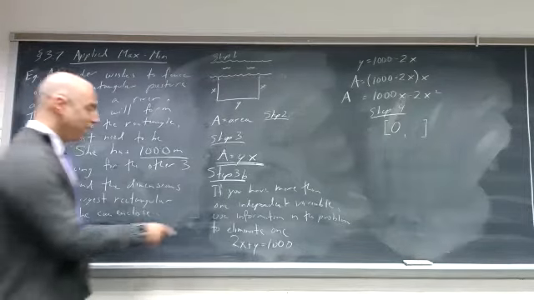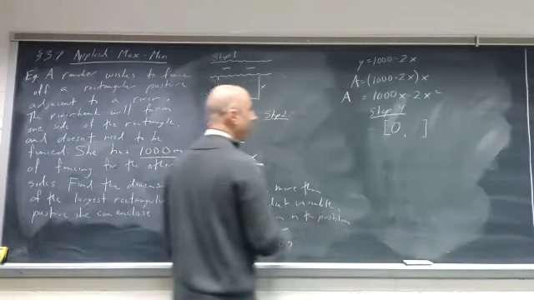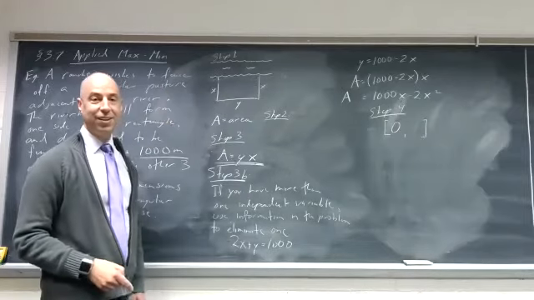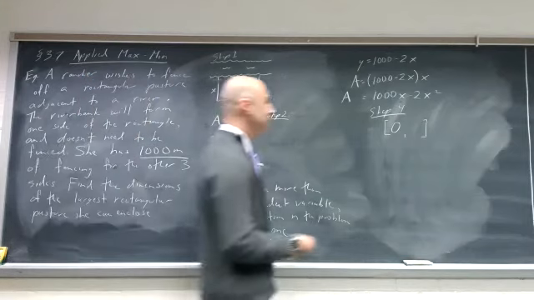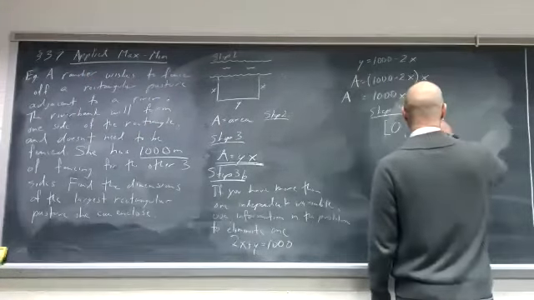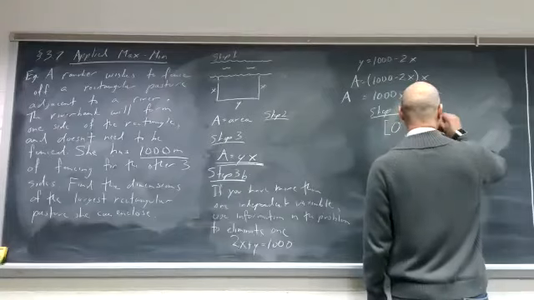If y is 0, what does x turn out to be? 500. 500, right. The biggest value we could possibly have is 500.